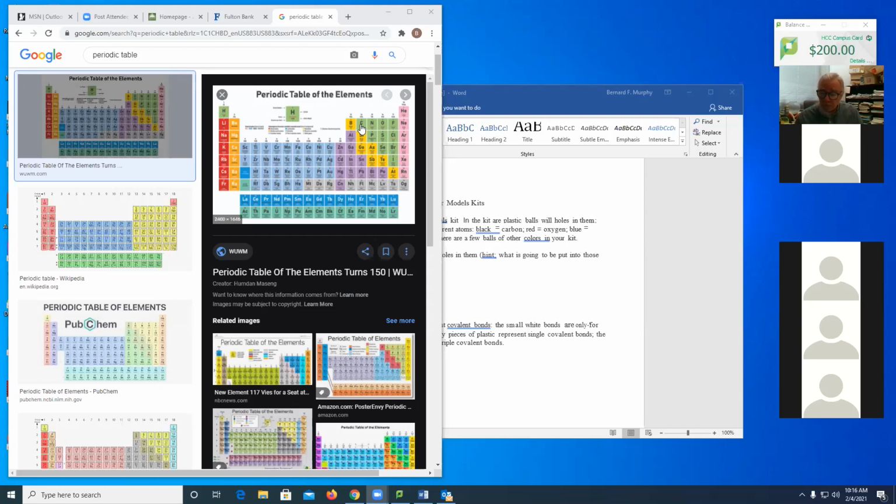Now, it's important to know how many valence electrons these atoms have. So you look at carbon, that's 6 total, right? So how many valence electrons does it have? Well, there's 2 in the first, and that leaves 4 left over to make 6. It's got 6 electrons, 2 in the first, 4 in the second. Okay, so it's got 4 valence electrons.